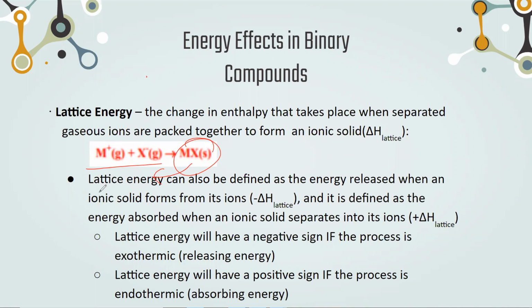So lattice energy can be defined as the energy released when an ionic solid forms, or the energy absorbed when an ionic solid separates into its ions. And depending on what is happening, that delta H could be negative or it could be positive. So again, you're seeing that negative sign or positive sign reflecting what direction the energy is going.